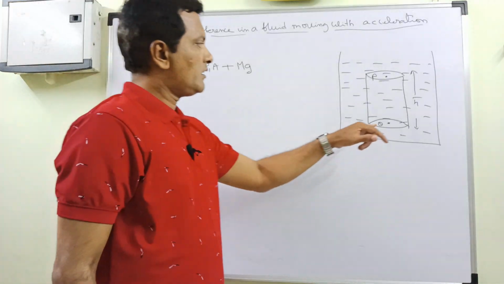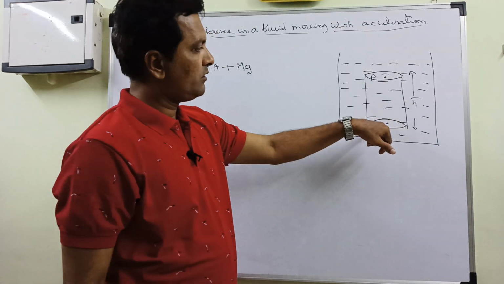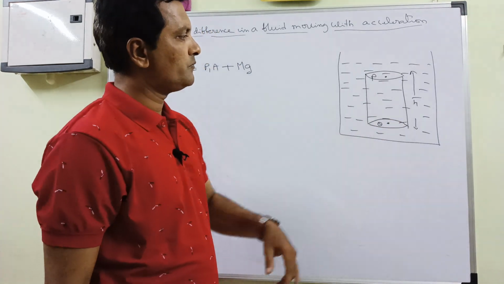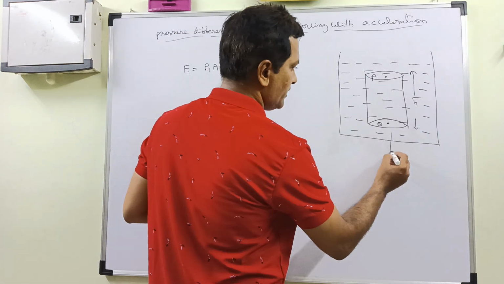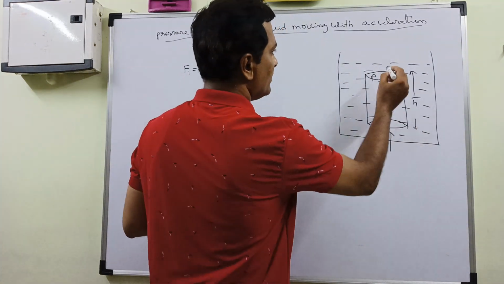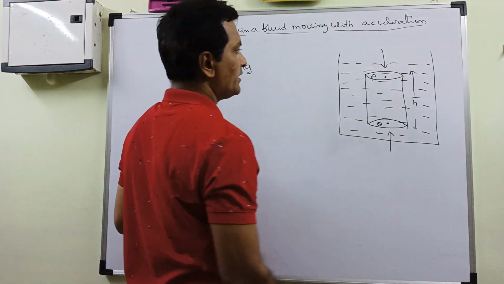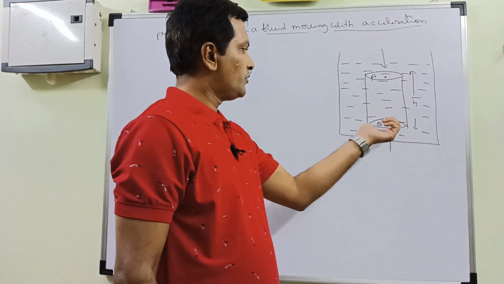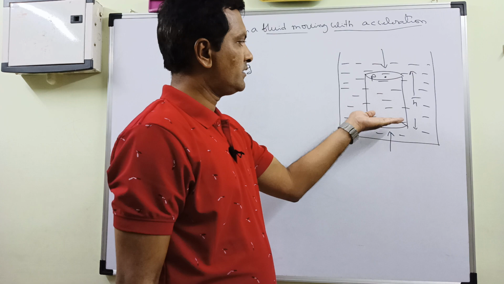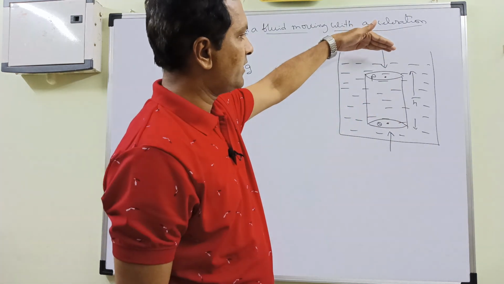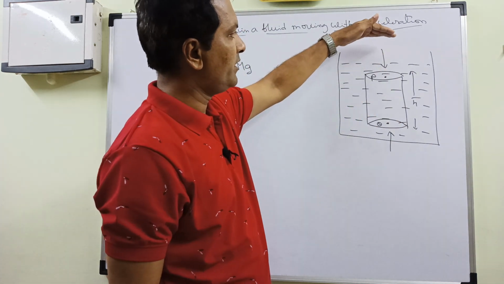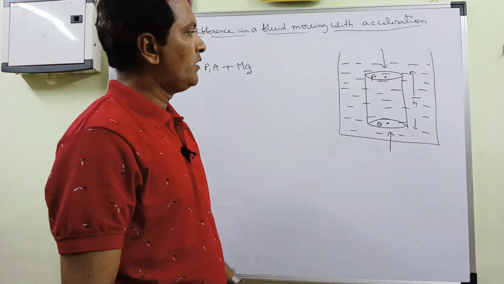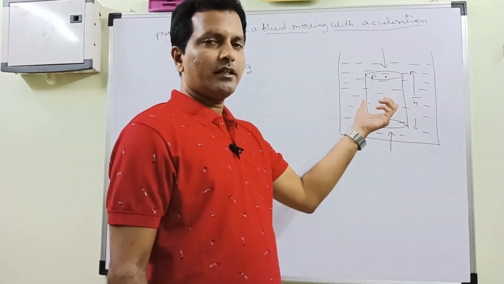Next, the force acting on the point Q. This force will be in the upward direction and the force at P will be in the downward direction. Why have we taken this imaginary cylinder?